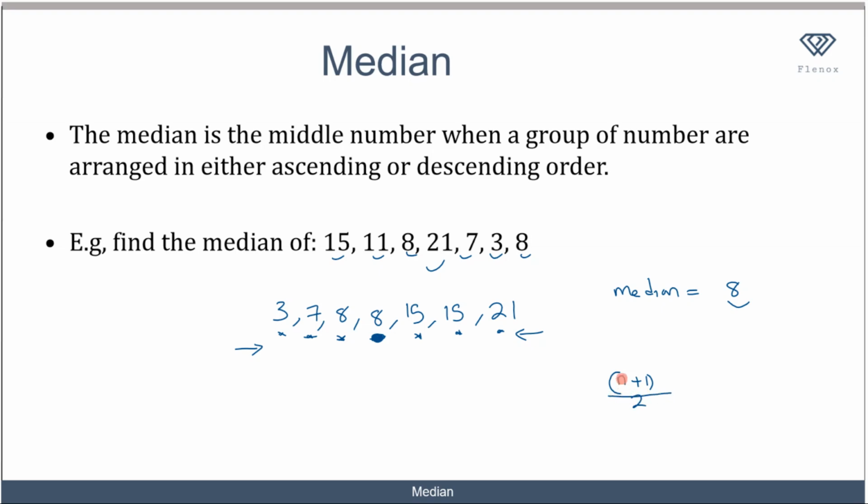In this case, I had 7 numbers, so I have 7 plus 1 divided by 2, which is 8 over 2, which is 4. So the fourth number will be my median. When I count 1, 2, 3, 4, the fourth number represents my median.